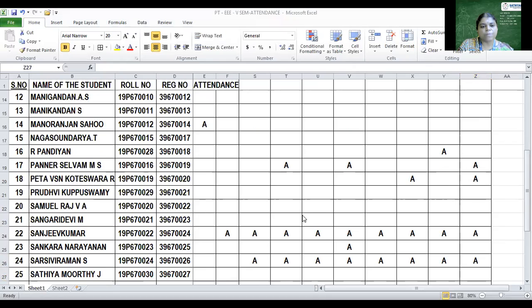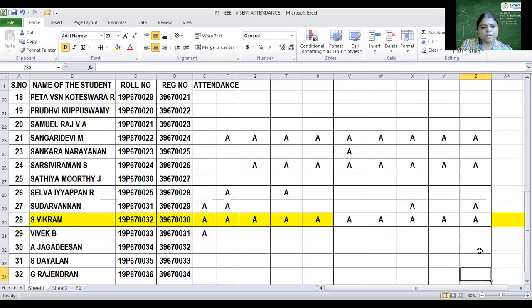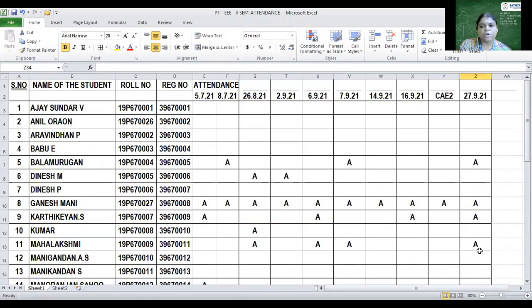Okay, sir. Selva Ayappan, Yes, madam. Sudarvanan, absent. Vivek B, Present, ma'am. Jagadishan, Present, ma'am. Dayalan, Present, ma'am. Rajendran, Present, ma'am.